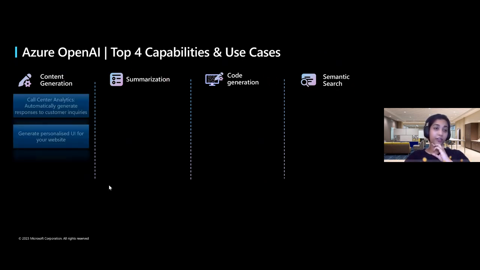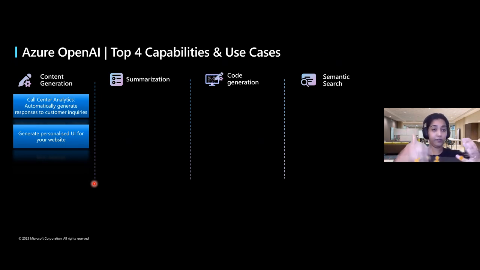So if I think about some of the use cases within content generation, things like how do you automatically generate responses to customer queries in a call center analytics scenario, right? You don't have to actually do it manually. You can see that Sunita, as your customer, as an individual, I need to hyper-personalize the kind of recommended product or service for her based on either her purchase patterns or a customer demographic, really getting in that hyper-personalization to generate content specifically for me as an individual customer of yours.